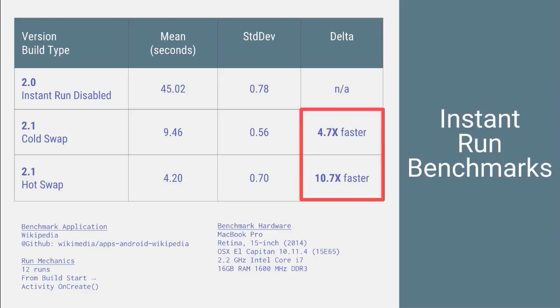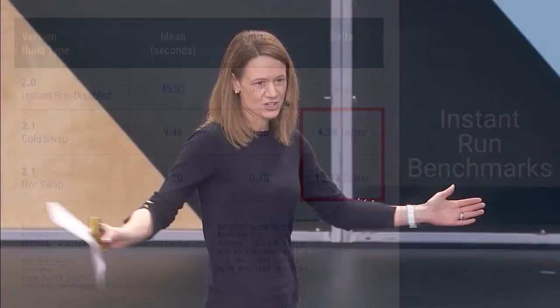What you'll notice is that we benchmark against 2.0 with Instant Run disabled. And you can see in 2.1 with Cold Swap, it's 4.7 times faster. And Hot Swap is 10.7 times faster. Now, what that means, if you think about it, is our build speeds are actually faster than 10x because we're benchmarking against 2.0.